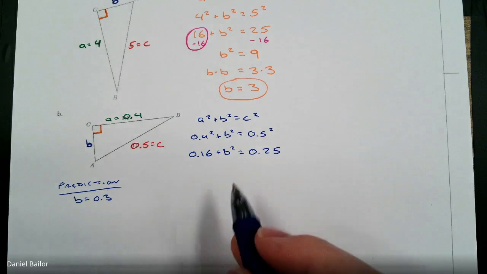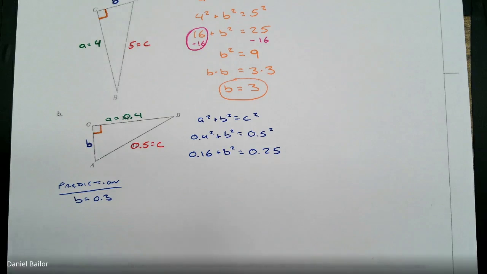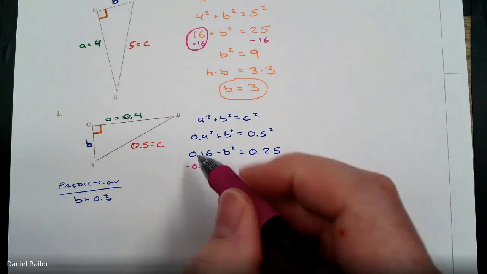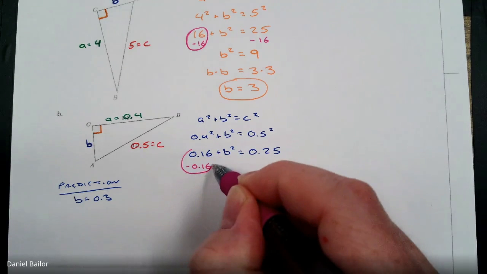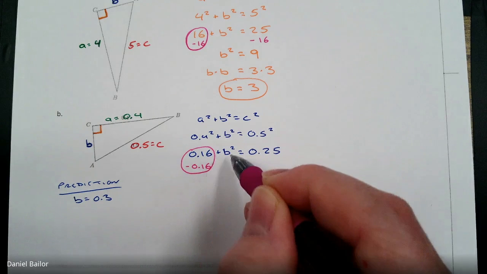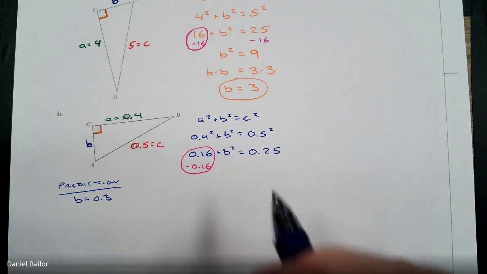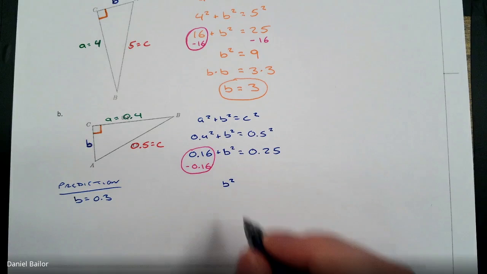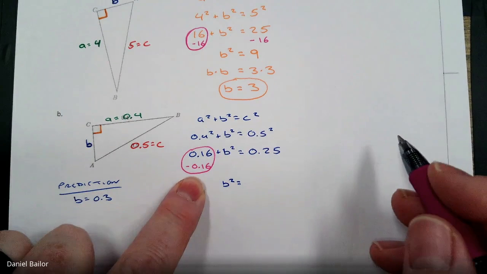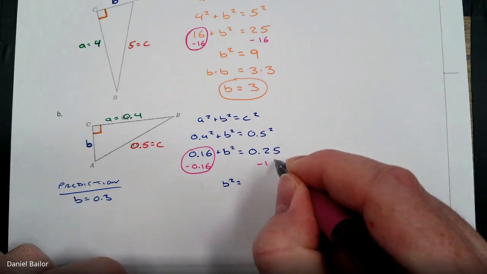There we go. Now we have to do the same thing we did before. We want to get the B by itself, so we are going to subtract 0.16 from both sides, because 0.16 minus 0.16 makes 0. And 0 plus B squared is just B squared. But when I do minus 16 hundredths over here, I have to do minus 16 hundredths on that side.